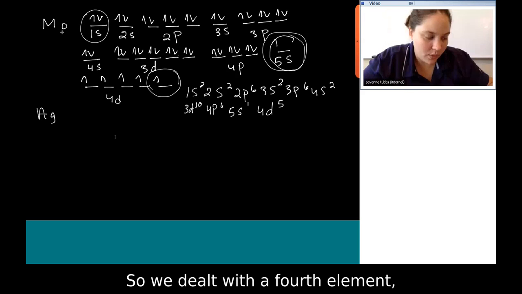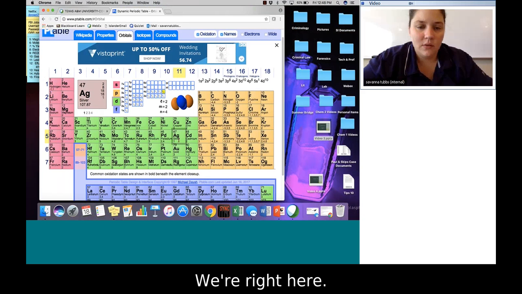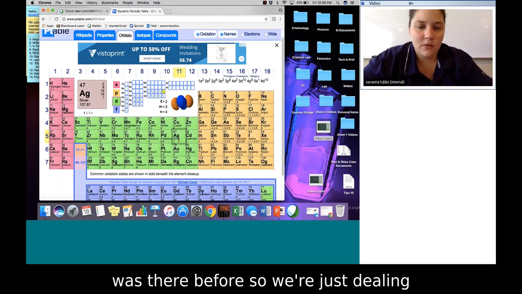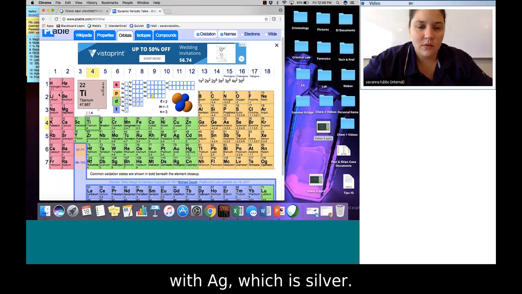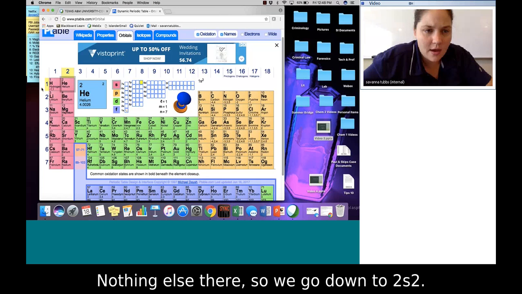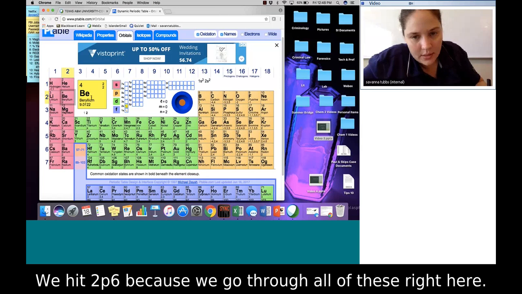So we dealt with a fourth element, so now we're going to deal with a ninth element, Ag. We're right here. So I'm going to erase everything that was there before. So we're just dealing with Ag, which is silver. So we have a 1s2. Nothing else there, so we go down to 2s2. We hit 2p6, because we go through all of these right here.